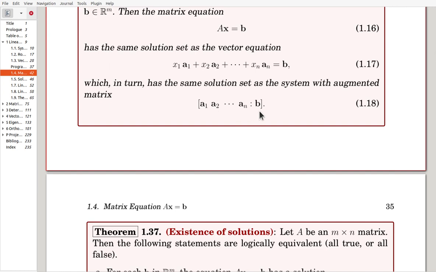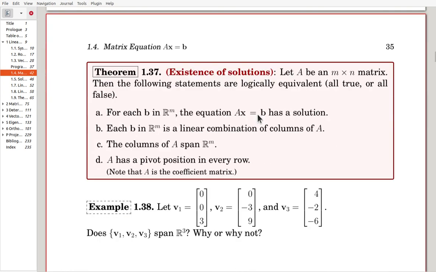But that cannot happen because this matrix itself has a pivot position in every row, so we don't have the case of 0 on the left and non-zero on the right. So if A has a pivot position in every row, then AX equals B is consistent, right? So eventually these four statements are logically equivalent.